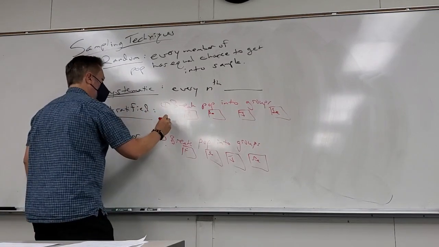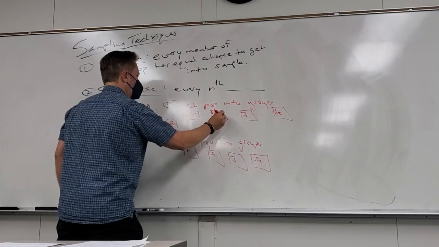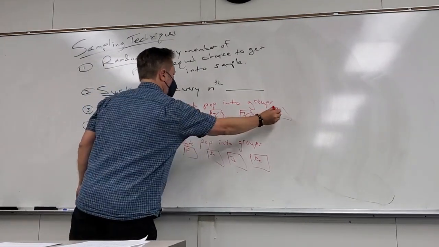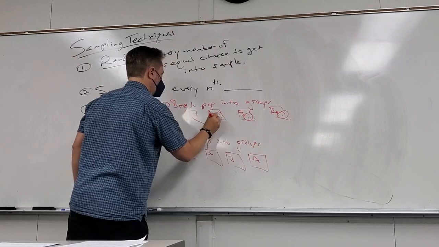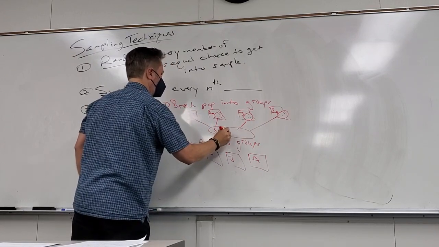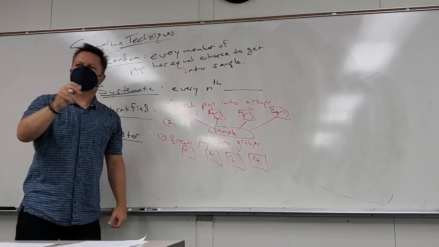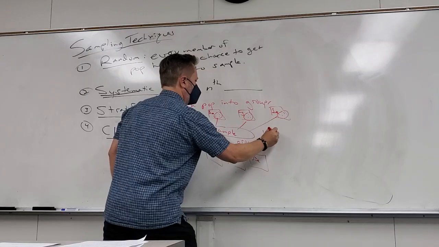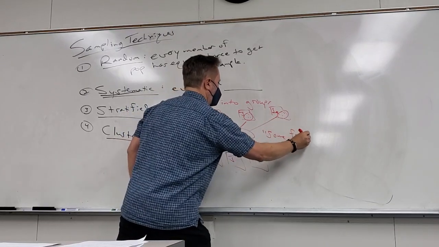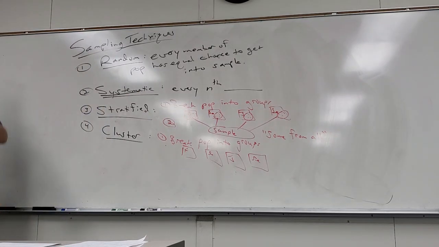So stratified says, I'm going to take some people from each group, and that's going to be my sample. So the key phrase for stratified is some from all, or each, right? So you have groups, and you take some from each group.